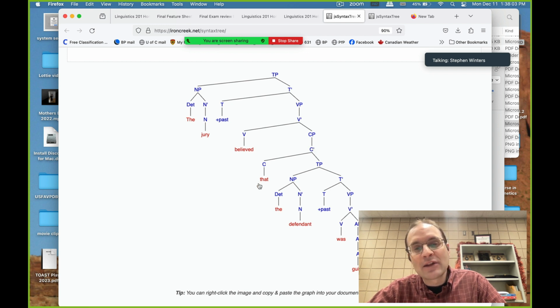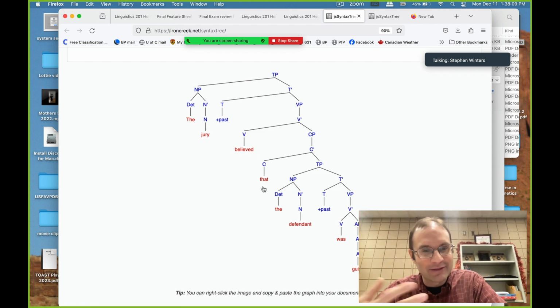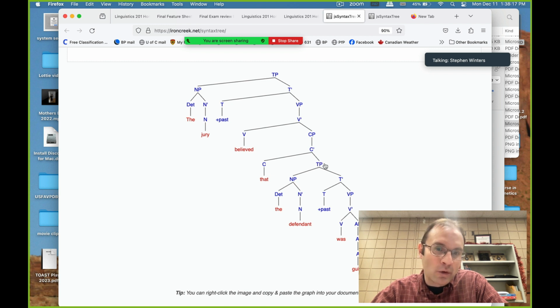That CP is headed by the complementizer that, and that complementizer takes as its complement the whole TP, that embedded sentence. That just looks like what you do in a basic sentence case. So that's a review. Do you have more questions about how that works?